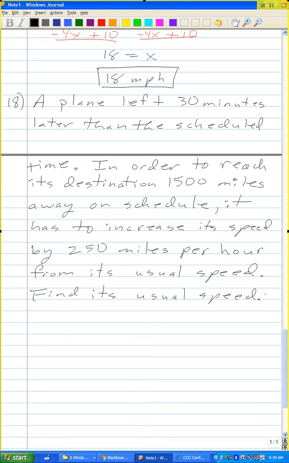Okay, so we have here a plane. It's going between two destinations. It leaves 30 minutes late.